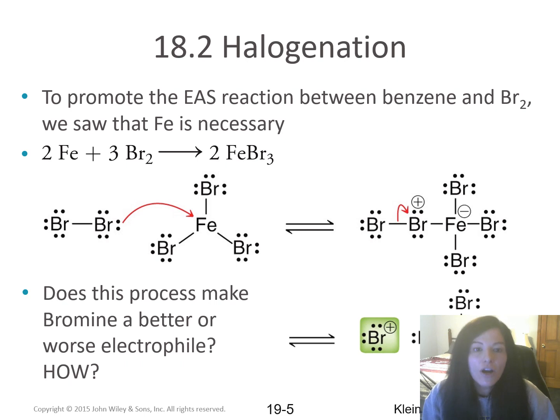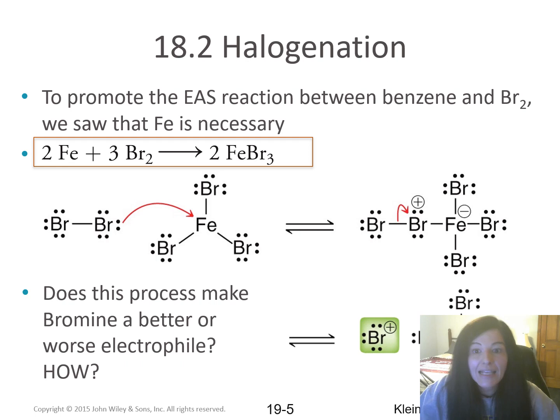We will start with what is known as a halogenation reaction, the one we saw at the beginning of these slides. When we treat a benzene ring with bromine alone, nothing will happen. However, when we treat benzene with bromine in the presence of iron, we actually do get a substitution reaction. Why is this?